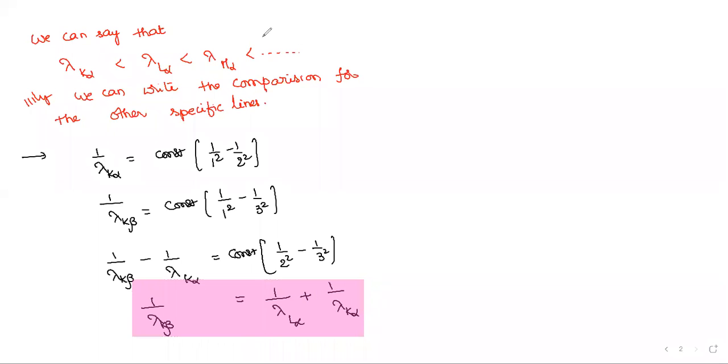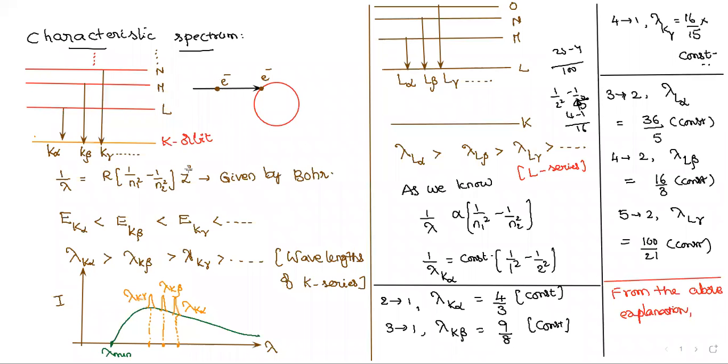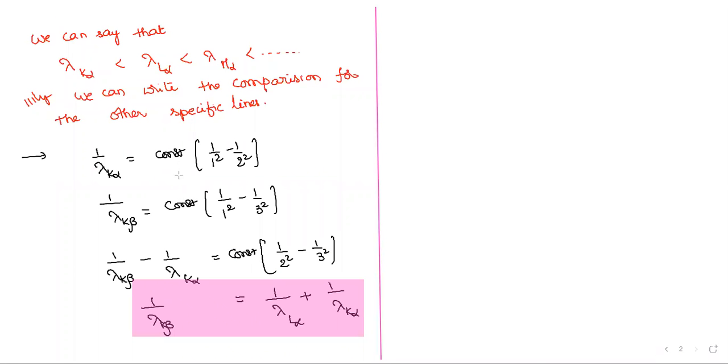Then you may ask, sir, why are you writing the full form? You are not writing the full form of Bohr's equation, what he gave, like R into Z square. Why are you avoiding writing that R into Z square? Every time, sir, you are writing some constant. Even in the previous IIT question you said writing some constant to interrelate the wavelengths.